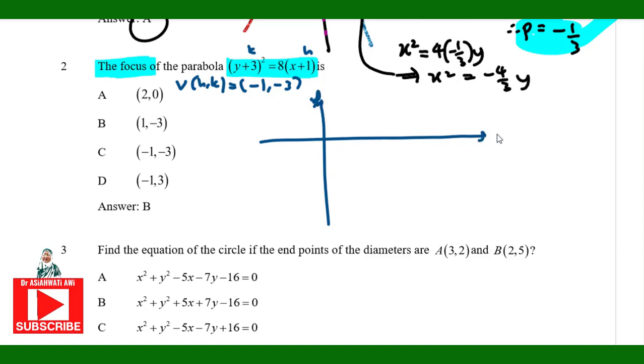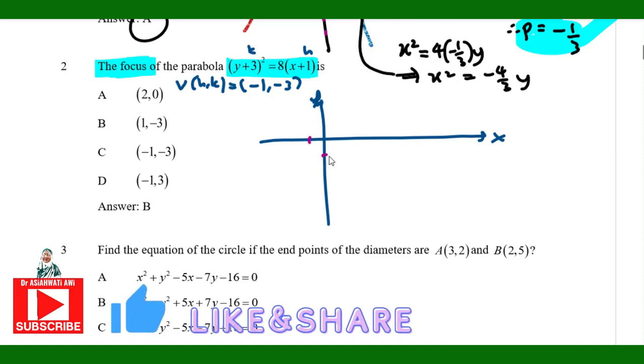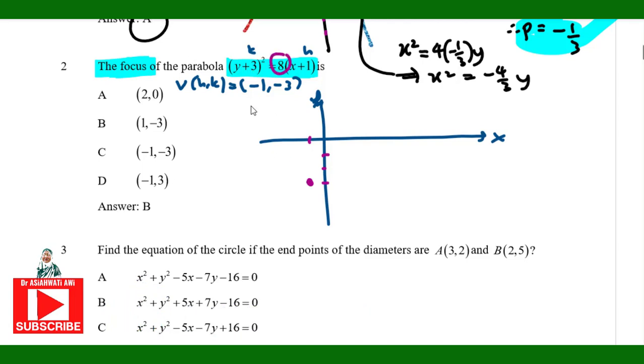This is the y-axis, the x-axis, and here is the vertex at (-1, -3). Then let's find p. The pattern is (y minus k) squared equals 4p times (x minus h).